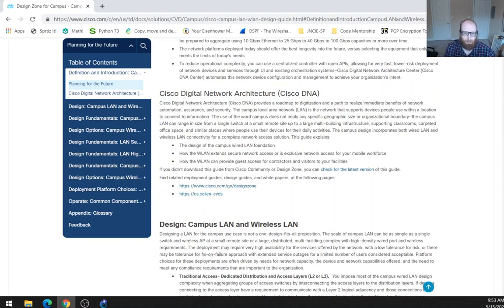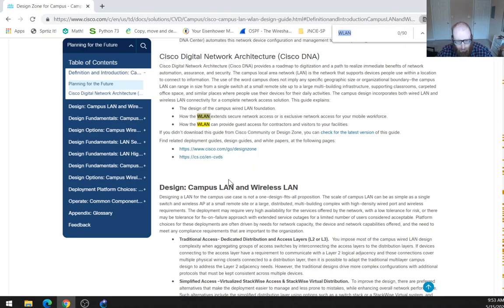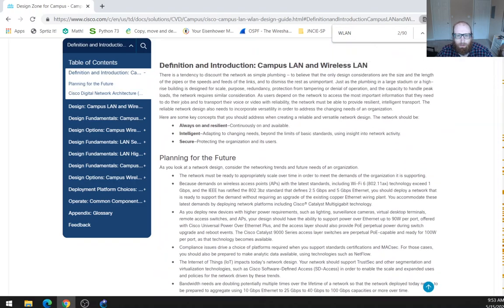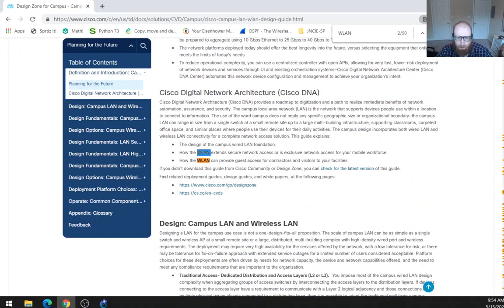Oh, I think WLAN stands for wireless LAN. I thought it stood for wired LAN because it said wired LAN right there. No, it's not defined. I think this stands for wireless. How the wireless local area network can provide guest access for contractors and visitors to your facilities.